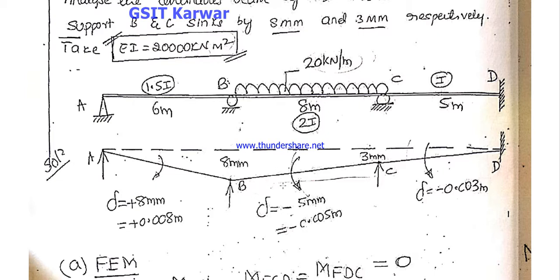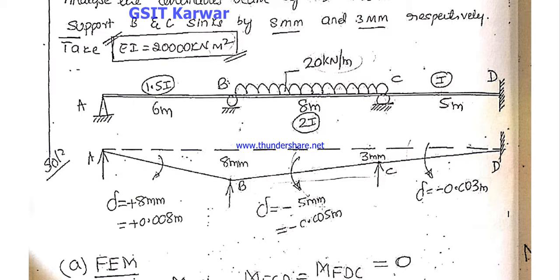Minus 8 millimeter. Coming to joint C, considering the left hand side, what is the sign convention? Positive. That means 3 millimeter. The sink at support C is 3 millimeter, so the sign convention is plus. That means you are adding both values: minus 8 millimeter plus 3 millimeter. You get minus 5 millimeter.